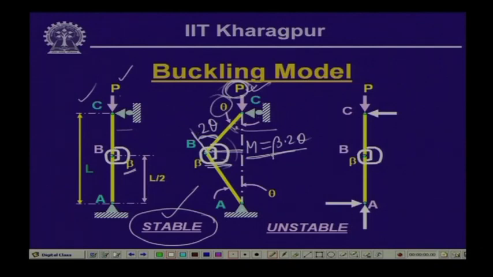The load P which will be applied will be greater than the restoring moment offered by the rotational spring, and that particular state we call an unstable state. So you see that one state we get as a stable state and another as an unstable state, corresponding to two values of the axial compressive force P.